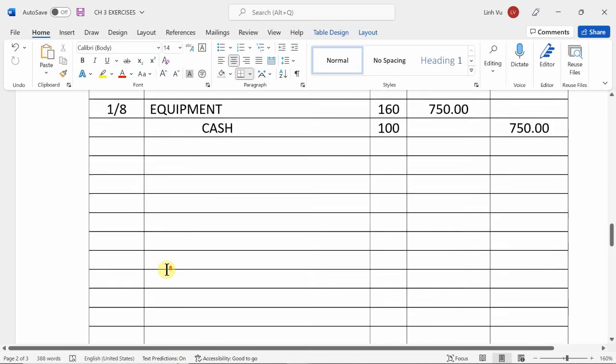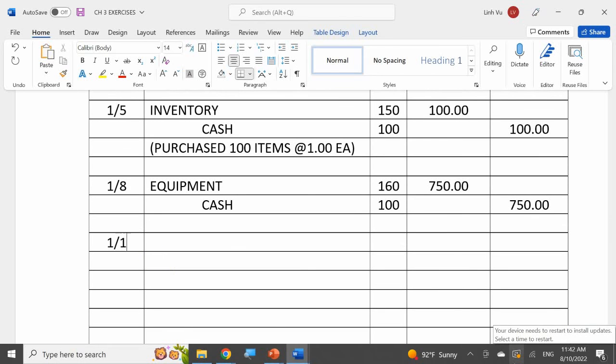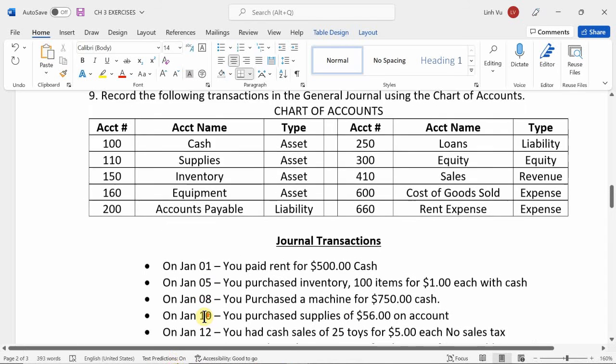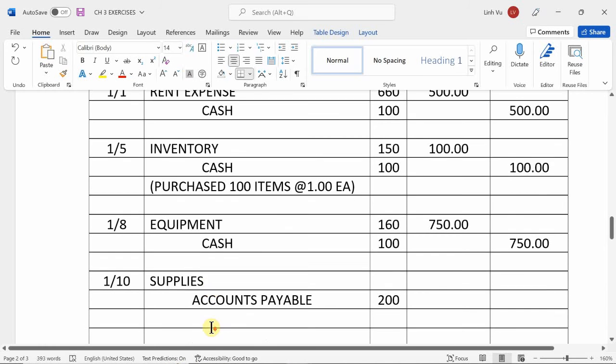So therefore, let's go ahead and identify this. So it's January 10 now. We purchased supplies. And then we have an accounts payable. Was it 110? Yes, supplies is 110.